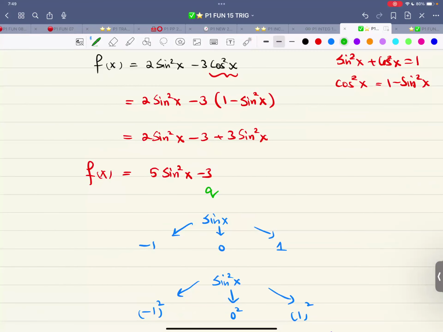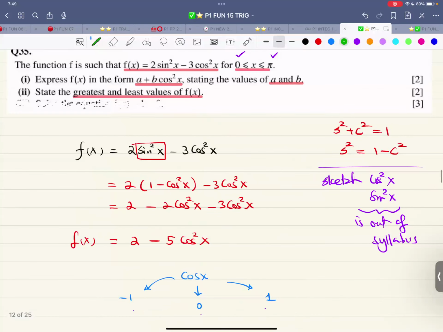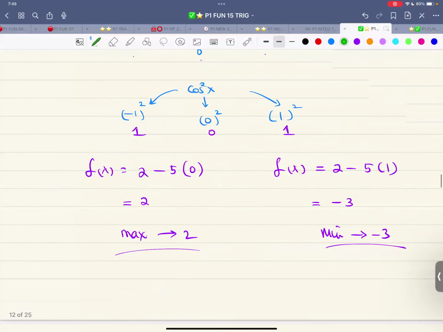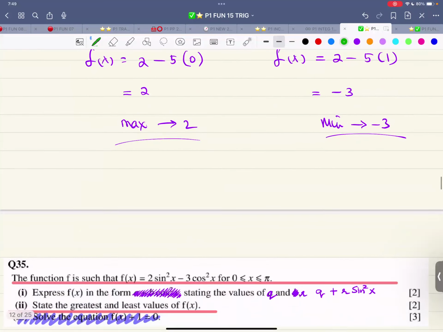So this is Q and this is R sine square x. The value of Q is -3. The value of R is 5, if it's written in terms of sine square x. Over here, this is A plus B cos square x. The value of A is 2. The value of B is -5. So I hope this is all clear.